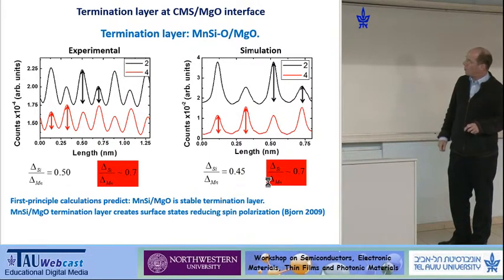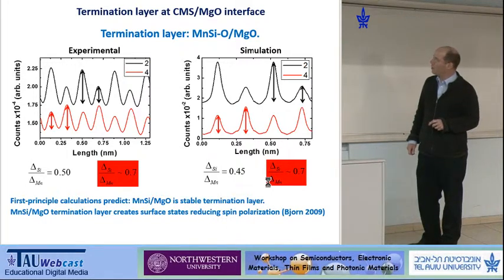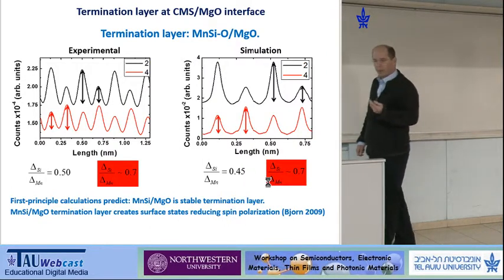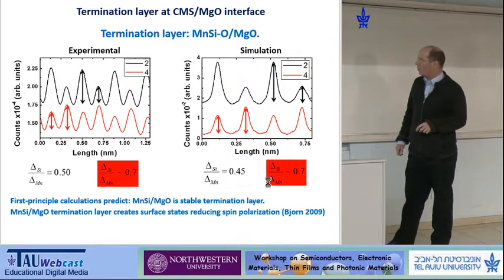So by doing these comparisons, we could determine that this interface layer is also partially oxidized. So the terminating layer is basically manganese silicon, and there's also oxygen there, either by steps of the interface or partial oxidation.